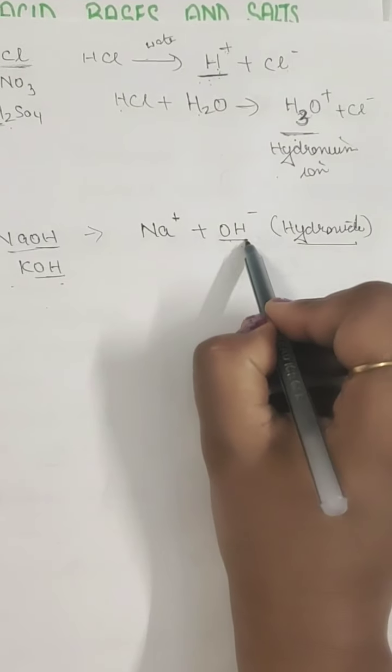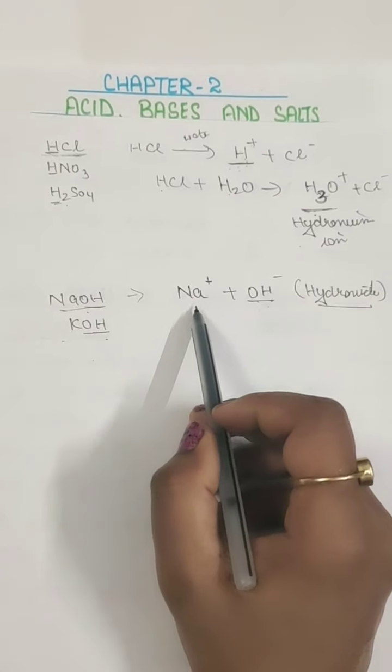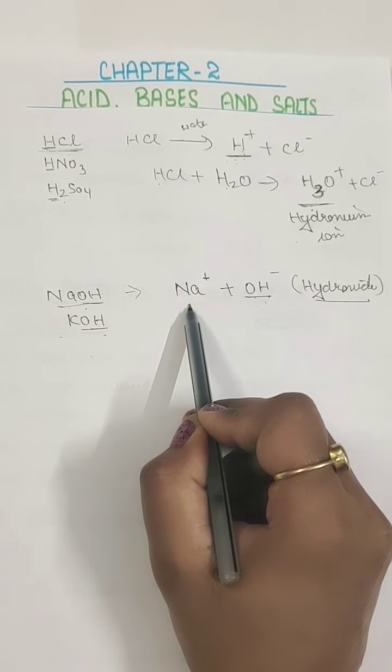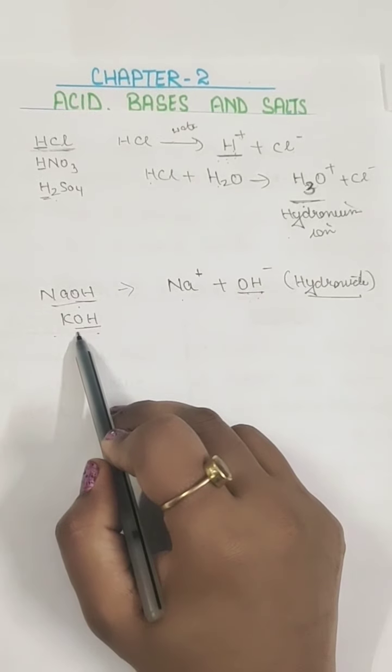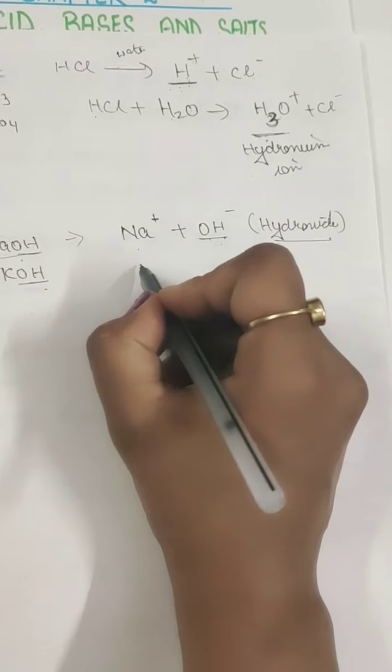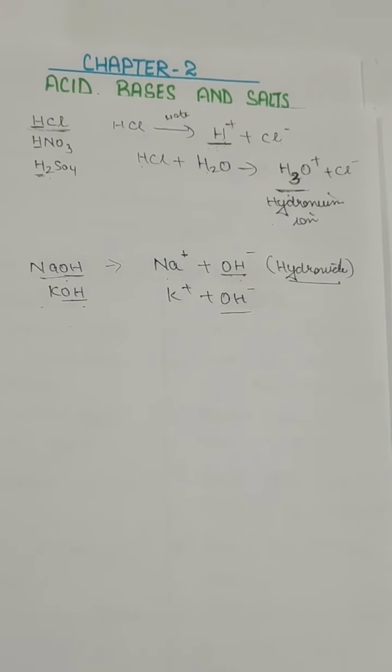Okay, hydroxide ion. So bases are those compounds which, when dissolved in water, release hydroxide ion. It is the same in the case of KOH also, potassium hydroxide: potassium and hydroxide. So it will be the same with other metals as well.